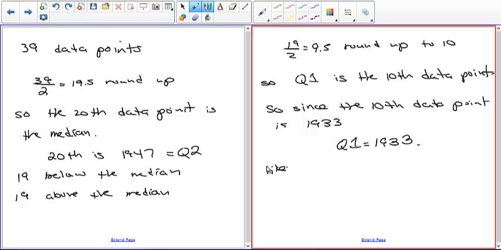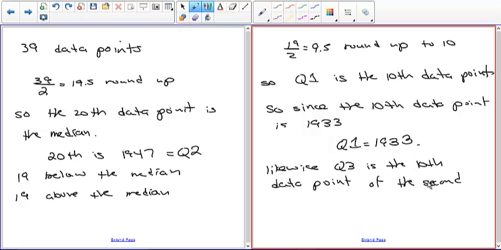Likewise, Q3 is the 10th data point of the second 19 data points.